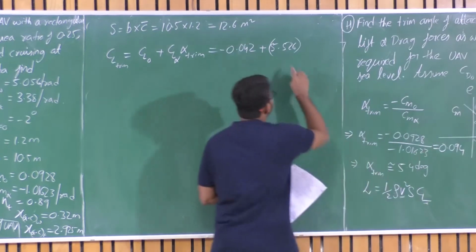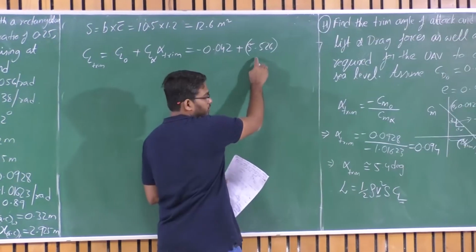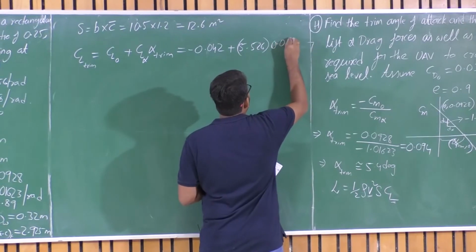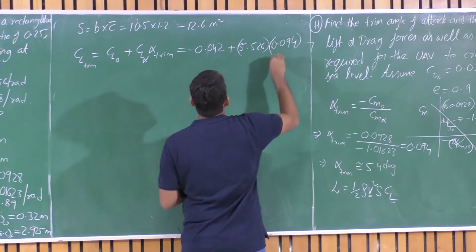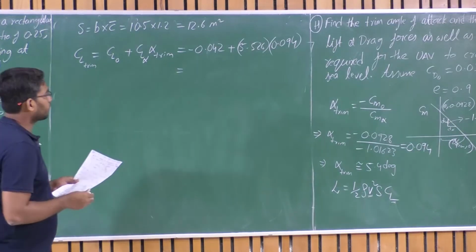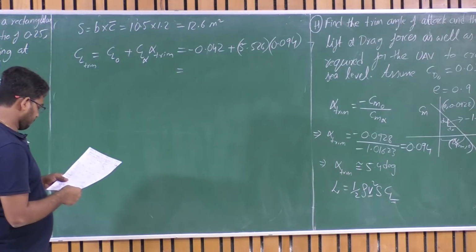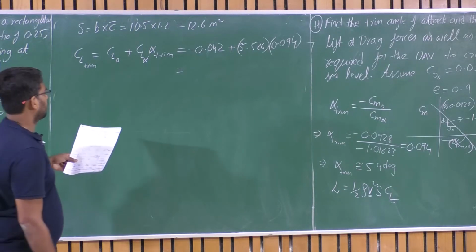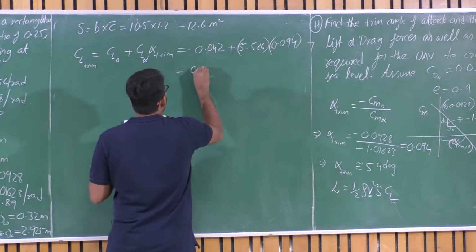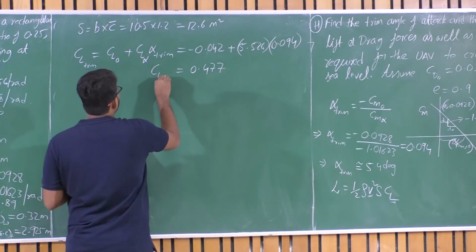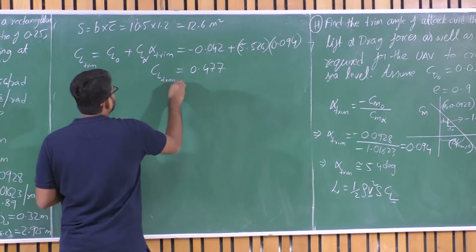It is in radians, no? This is in radians, so let's continue working in radians. Alpha trim in radians is 0.094. So what is the value? 0.477. So CL trim is 0.477.